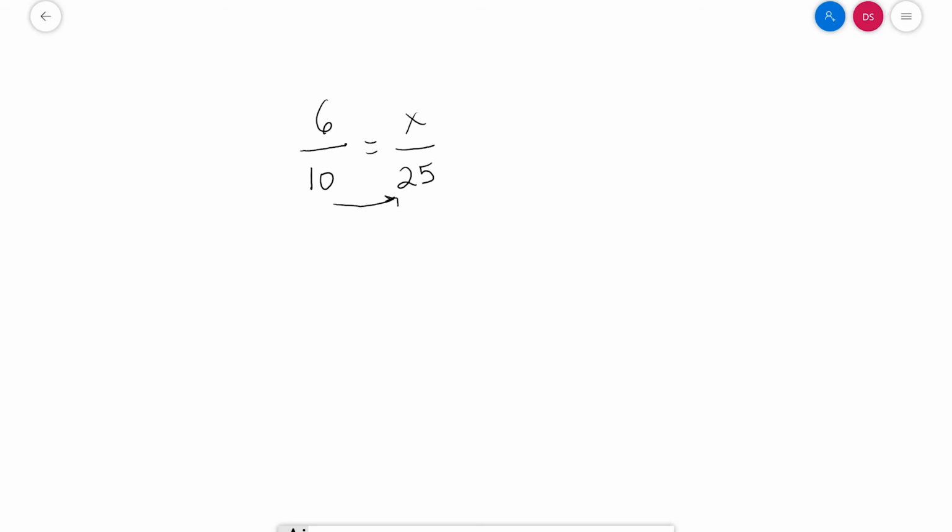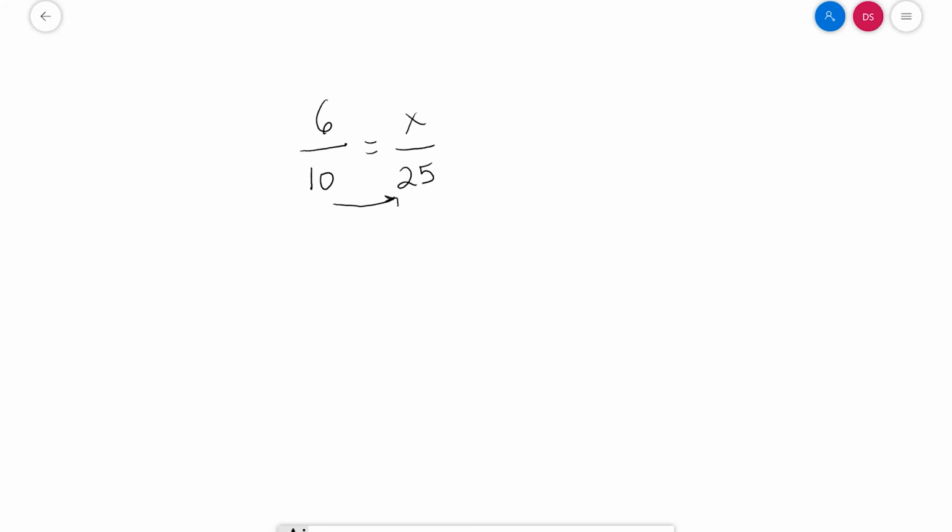exactly what to multiply 10 by to get 25, but I'm trying to keep it simple here. If you want to multiply it by what you would multiply it by, then go ahead. If you multiply the same number to 10 and 6, you will get the correct answer, but I am working through it the way the book is.